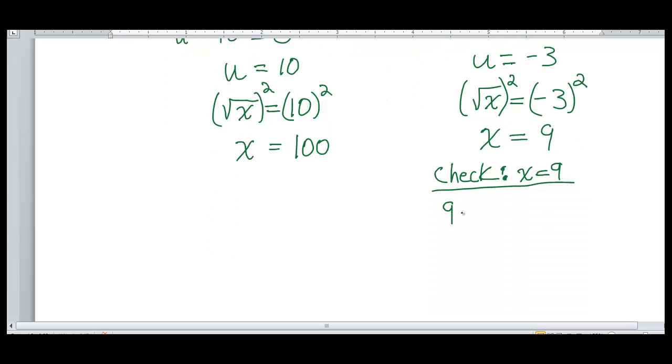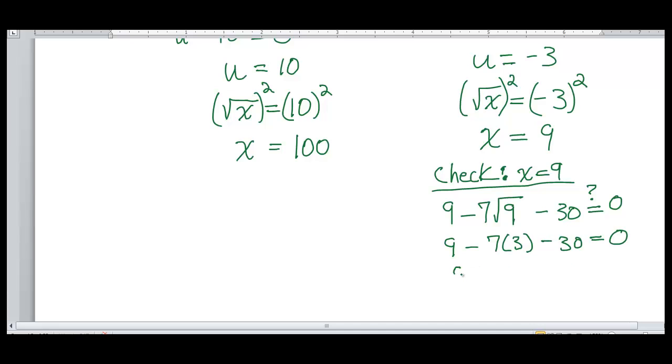So I get 9 minus 7 times the square root of 9 minus 30, and I'm checking to see if that equals 0. Well, the square root of 9 is 3, and so I get 7 times 3. And 7 times 3 is 21, so I get 9 minus 21 minus 30. That definitely does not equal 0, too much negative stuff. So again, we see that x equals 9 is not our solution.